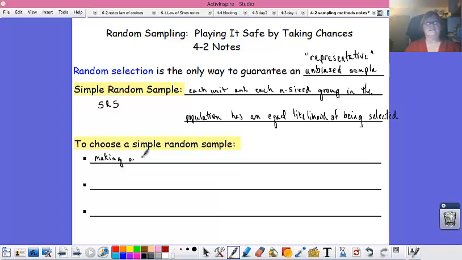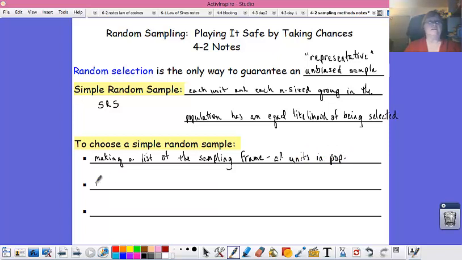To choose a simple random sample, what you do is that you begin by making a list of each unit in the sampling frame or in the population. That term sampling frame has come up a couple of times. The sampling frame is the list of all the units in the population.